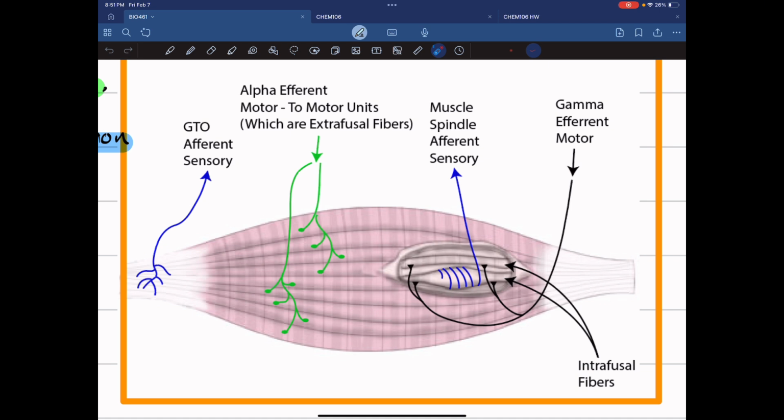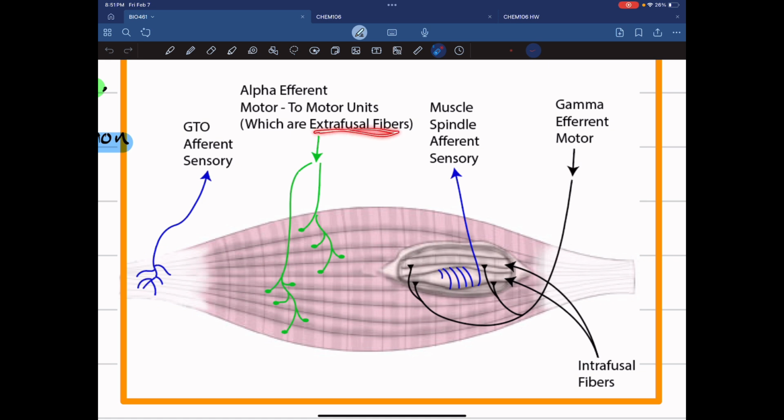They are basically bundles of skeletal muscle fibers with sensory and motor innervations. The extrafusal fibers on the outside are going to make up the bulk of skeletal muscle, while our intrafusal fibers are going to run parallel to them.